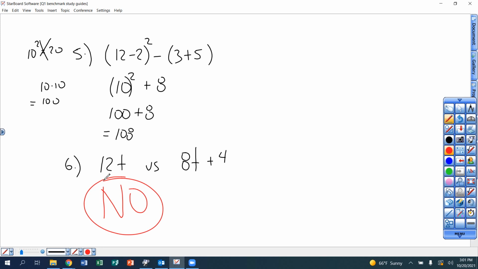You cannot add unlike terms. I can't add 8t and 4 to get 12t. Cannot do that. Some people on this problem, they wrote, you cannot combine unlike terms, and I gave them full credit. You cannot combine unlike terms.